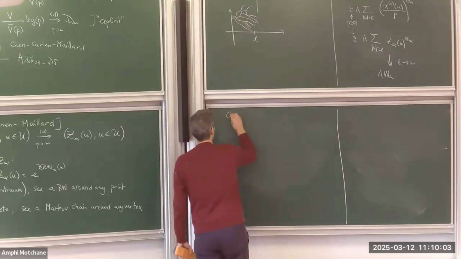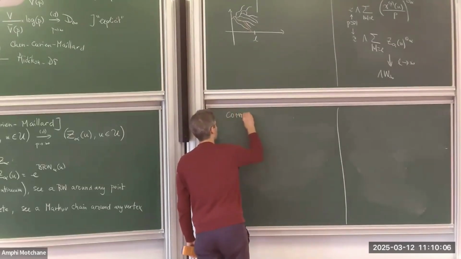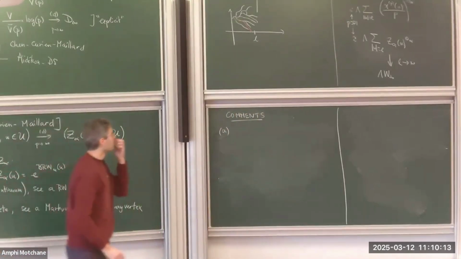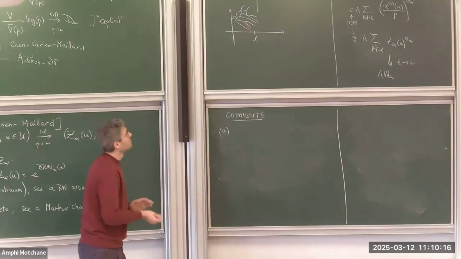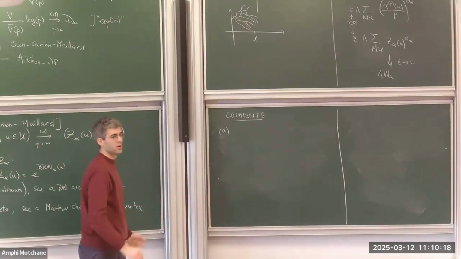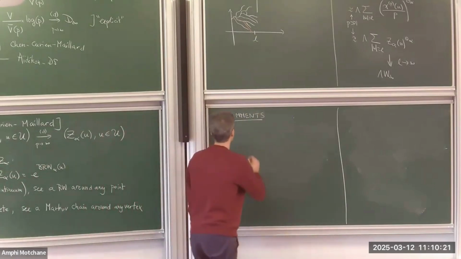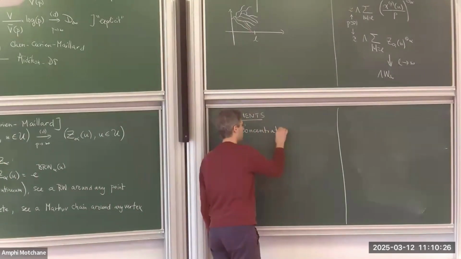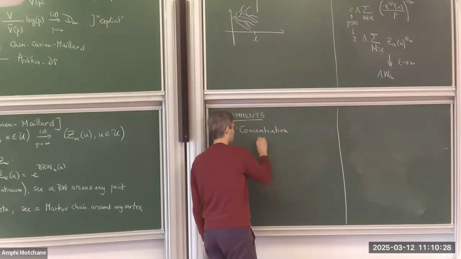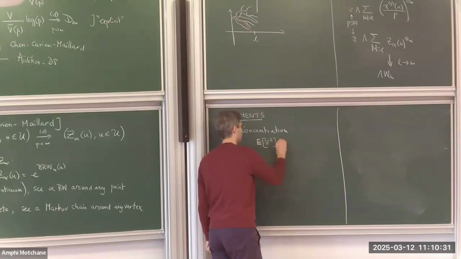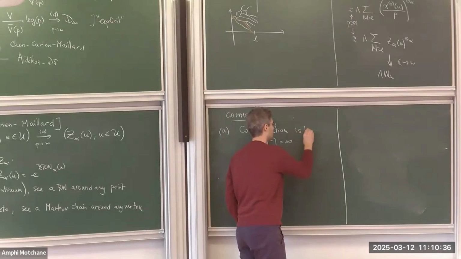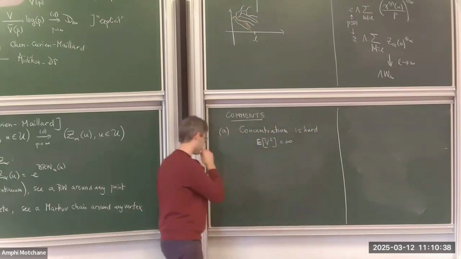Well, a few comments about this. If you want to prove concentration in general, you'd like to have second moment estimates on the volume. It turns out that in our case, the second moment of the volume blows up, so this is definitely going to fail.